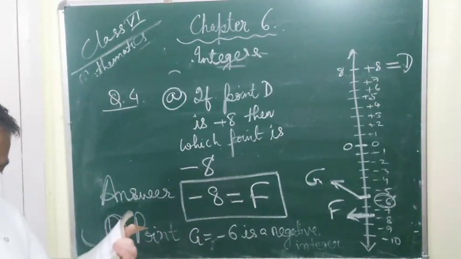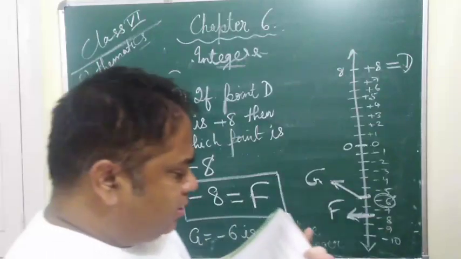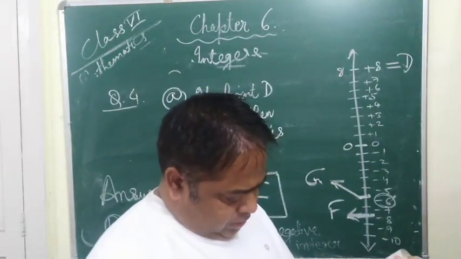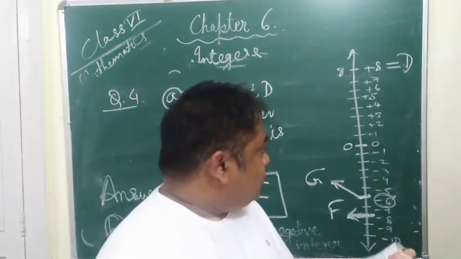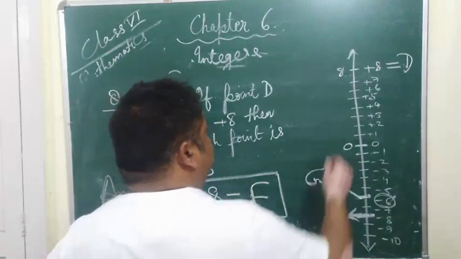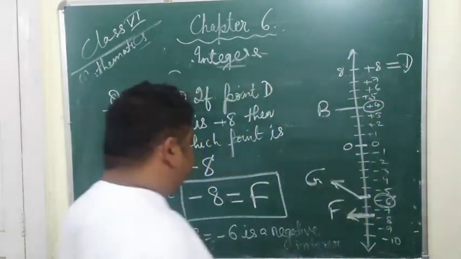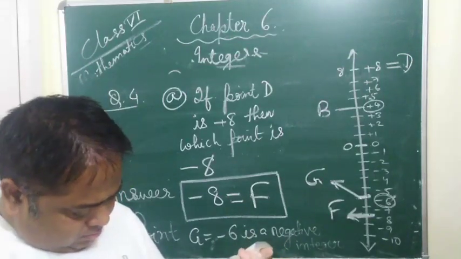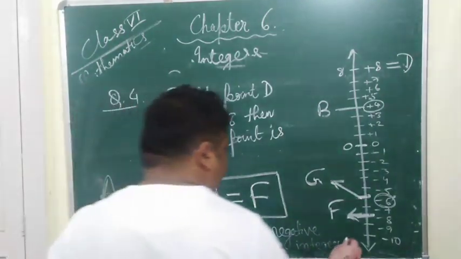Then C. Write the integers for point B and E. At B it is plus 4. Here B is written and B is plus 4. And E is minus 10.